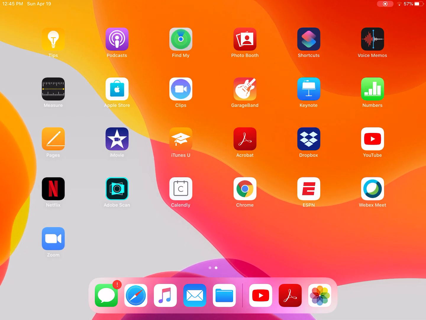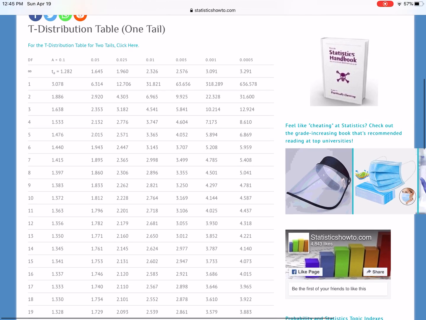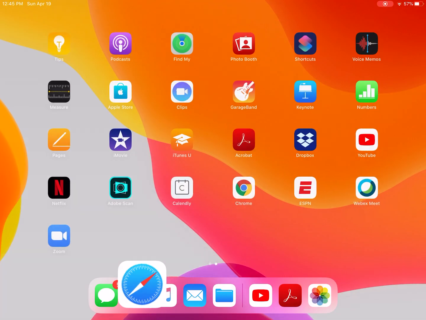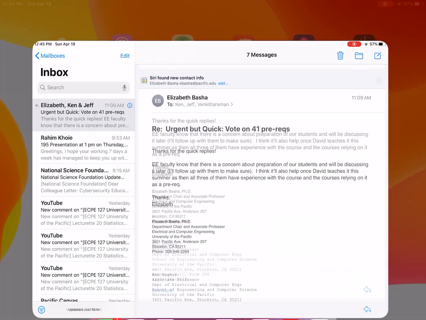So let me consult my t table here. So that's the online t table. I'm looking at the degrees of freedom as 25. I want negative 3.98.